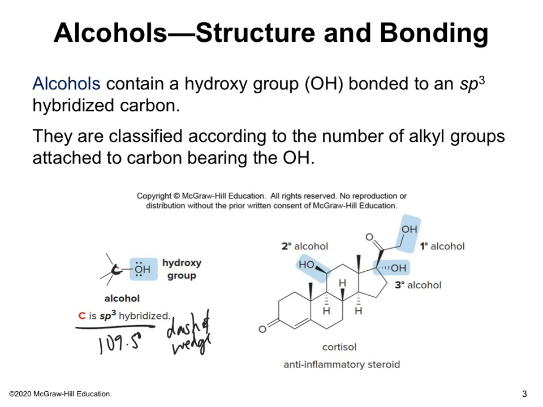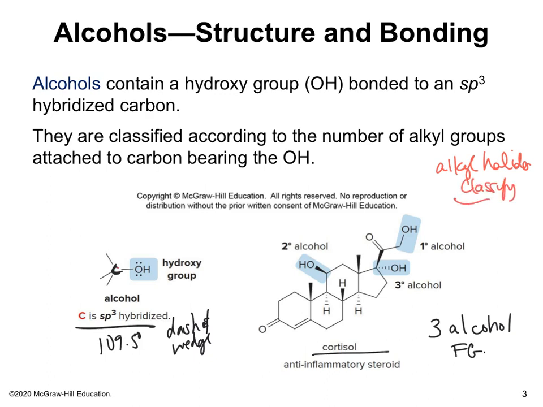These are an example of cortisol, which is your anti-inflammatory steroid, and you see that you have 3 alcohol functional groups on that molecule, and you want to classify alcohols. So just like alkyl halides, when you see them, you classify them. And by classifying them, you can characterize them and which kind of reactions they're going to undergo.